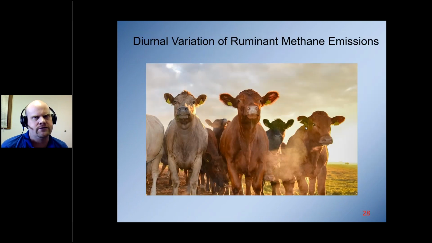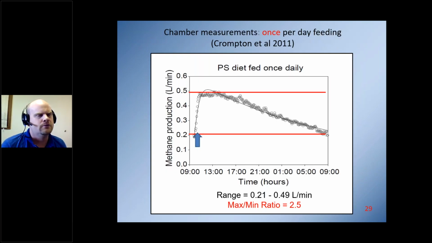So we need to understand the diurnal variation in methane emissions, and that really relates to feeding behavior and methane emissions in the rumen as feed is digested and gas is produced. One way we can look at that is to look at some chamber studies.